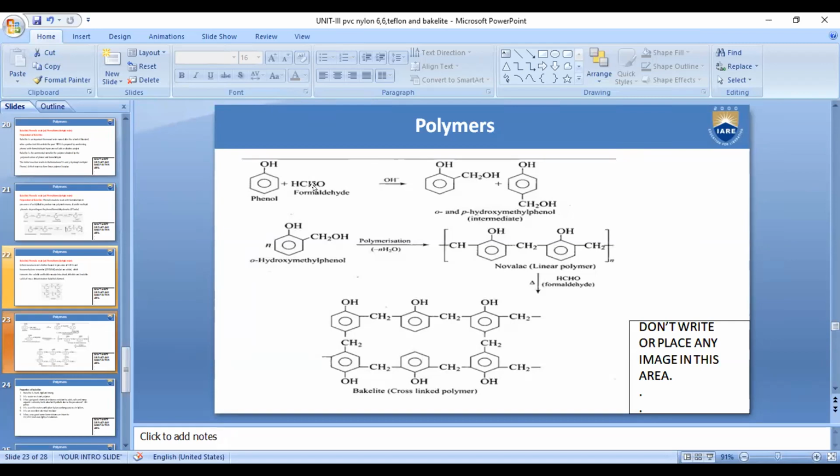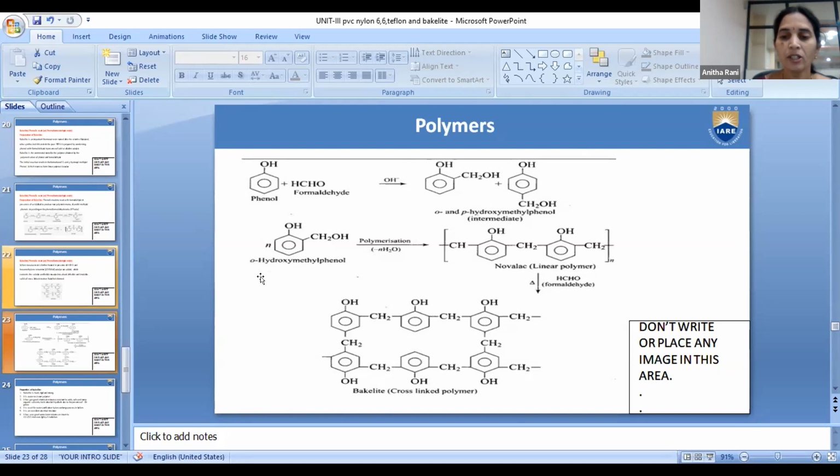So what did you get in the first step? When we are taking phenol and formaldehyde, what did you get? Hydroxymethylol phenol. What is the second step?